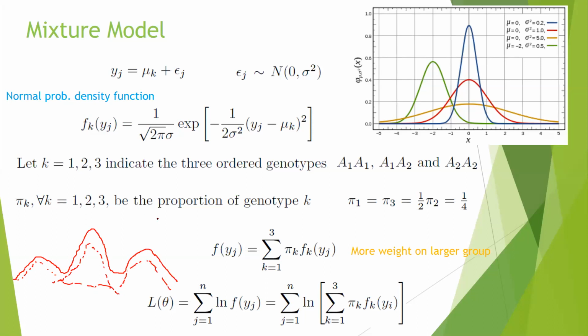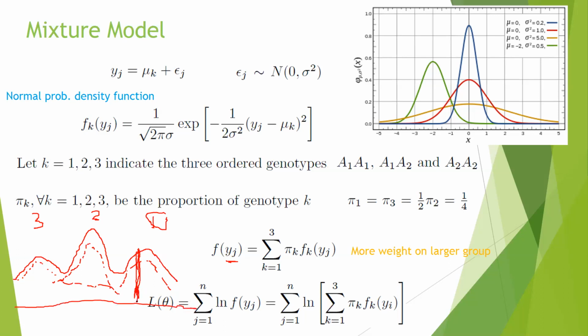This is the first one, this is the second one, and this is the third one. Suppose this individual came from the first one. It should likely be located somewhere here, right? Do you agree?